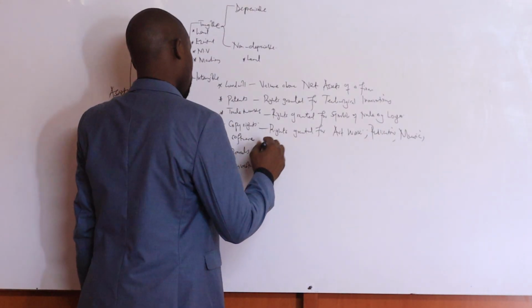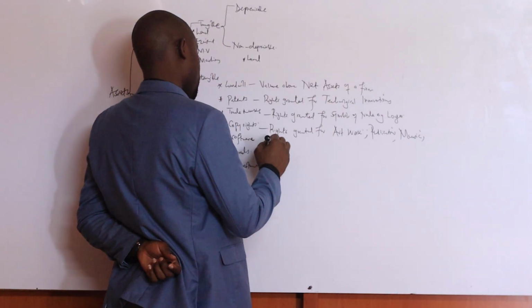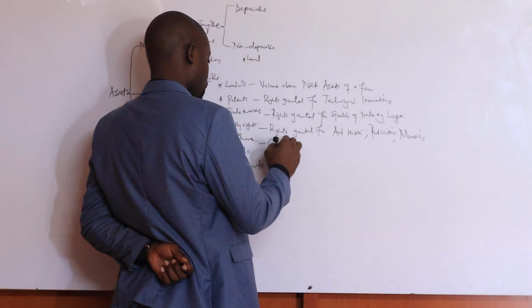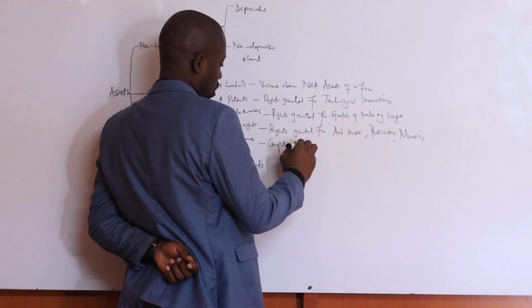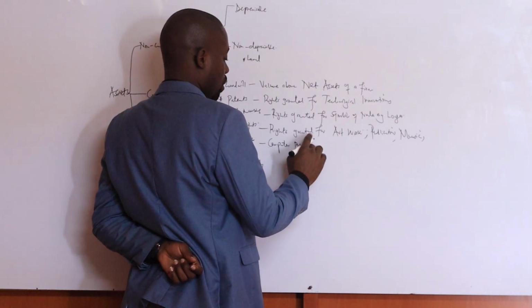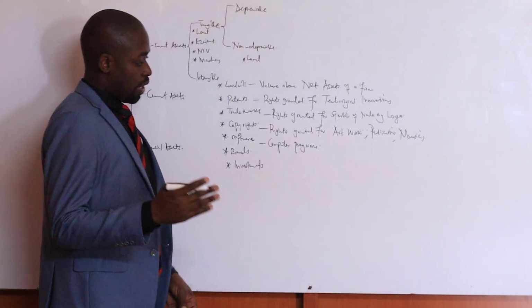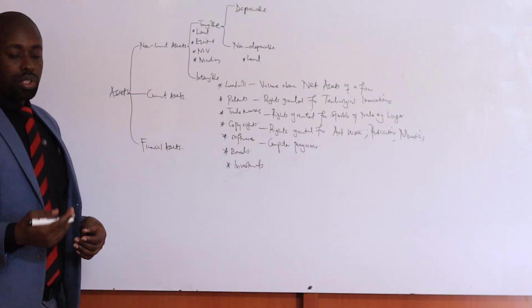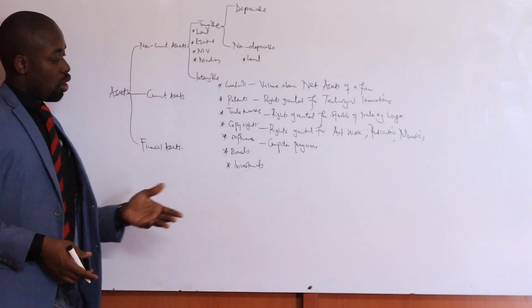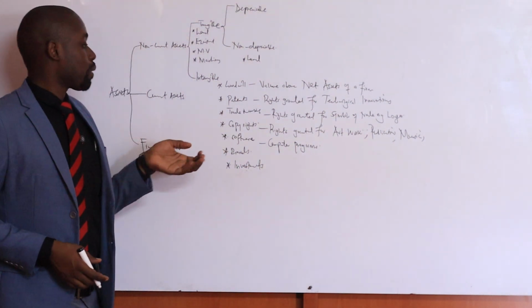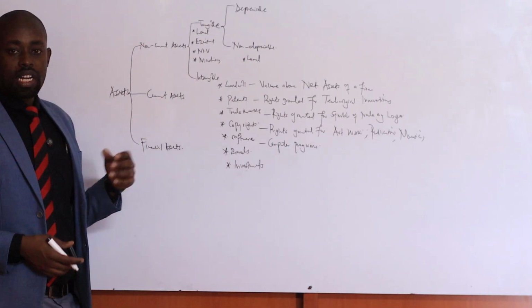Software. What is software? Software are computer programs. These are computer programs that are used for automating various functions. Like I will talk about Microsoft Office, one of the softwares. I'll talk of Kaspersky, an antivirus for machines.